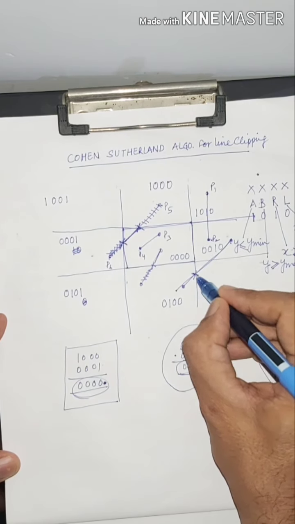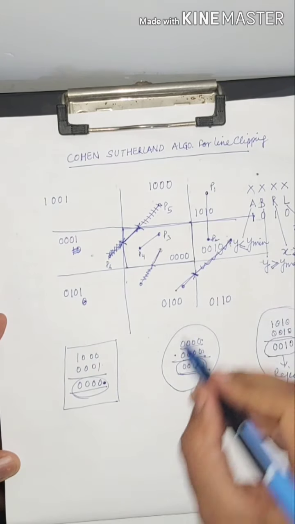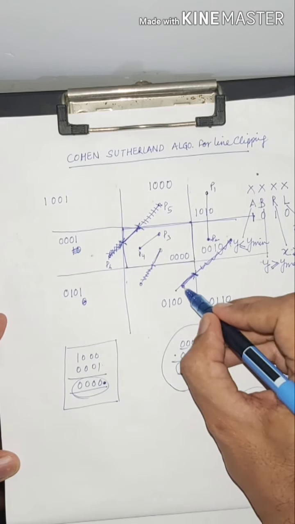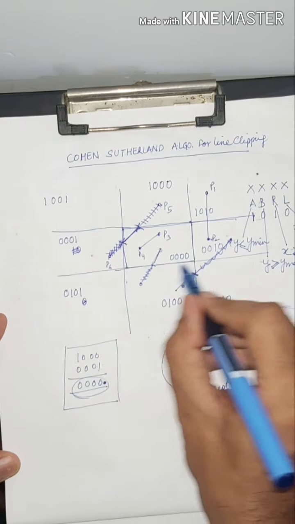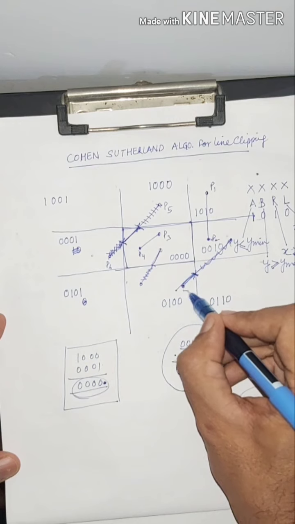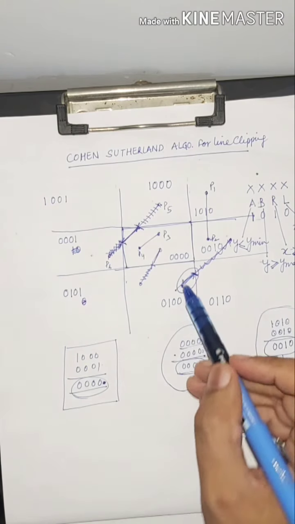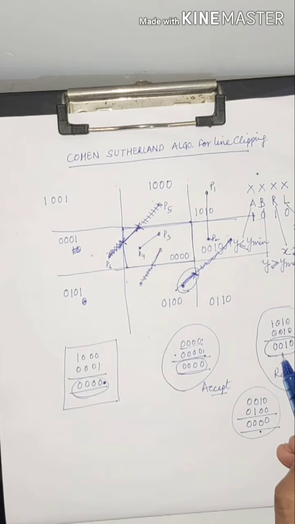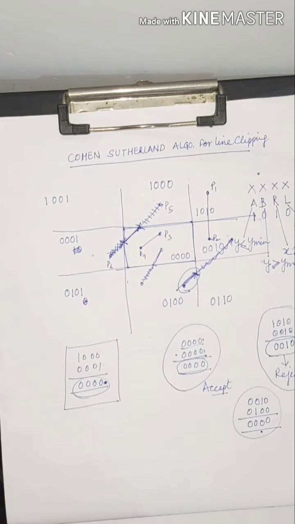This is the point of clash with this boundary. So you will reject it. For the remaining line, you will find a point of clash with this boundary. This means this line will now be outrightly rejected as it is completely outside. This will be a case like this, and this line will eventually be rejected altogether.